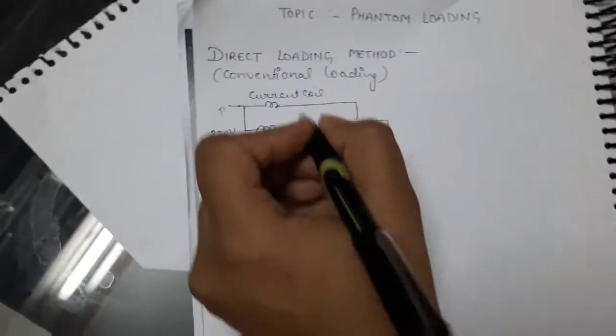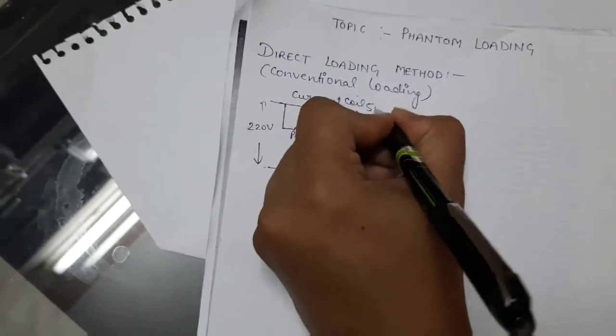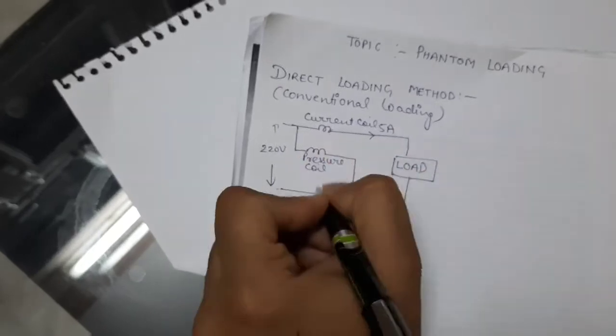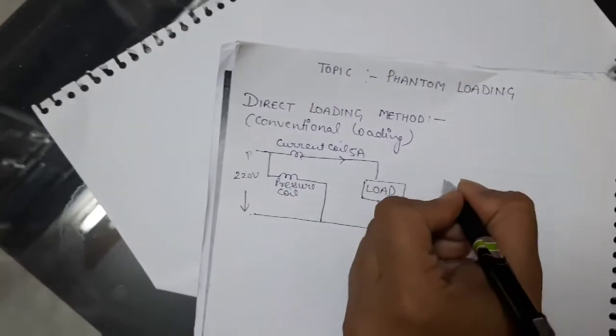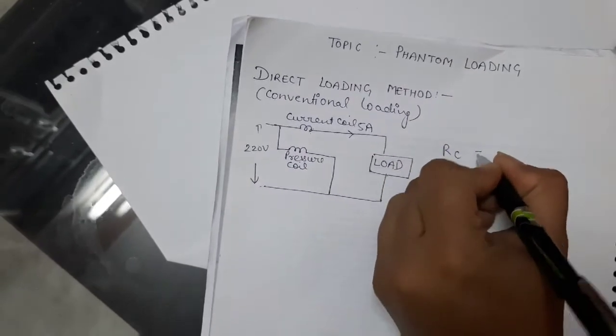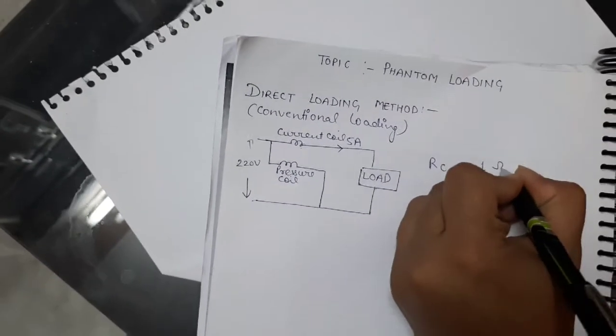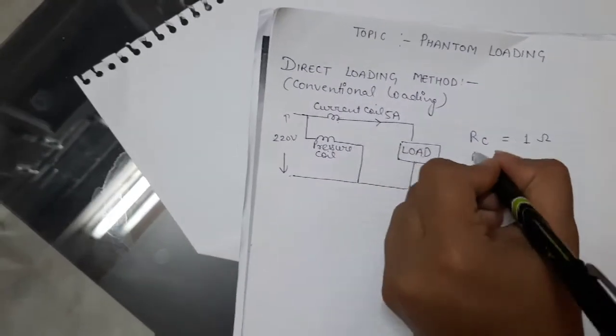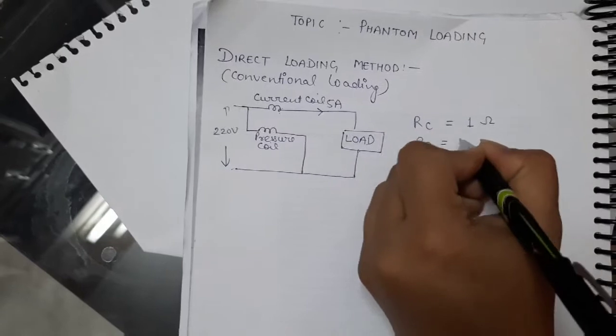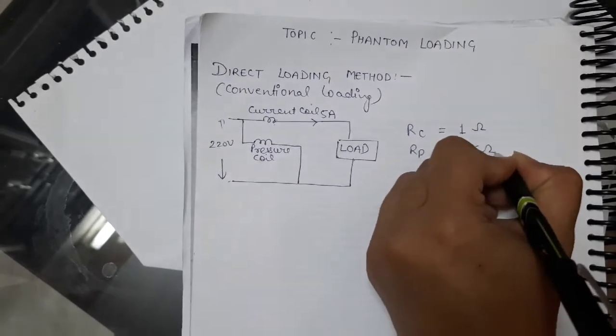Suppose 5 ampere current flows in this circuit or current coil. The resistance of the current coil is RC equal to 1 ohm, and the resistance of the pressure coil is RP equal to 10 kilo ohm.